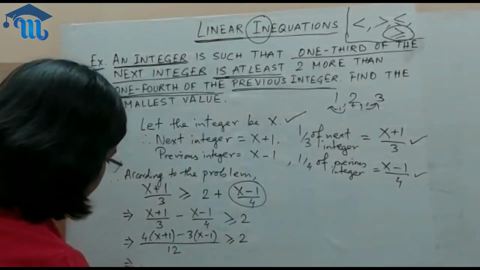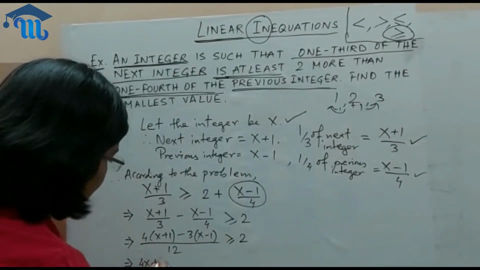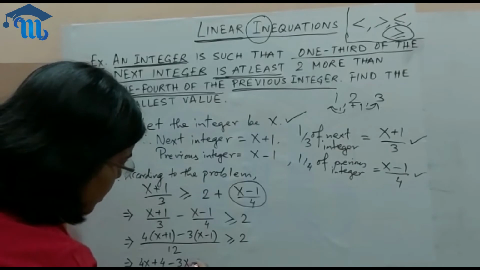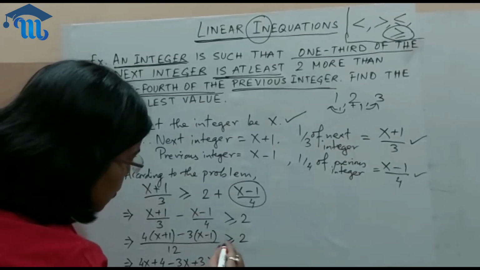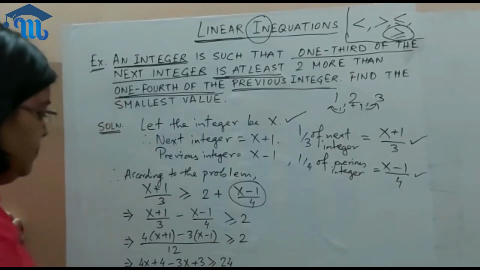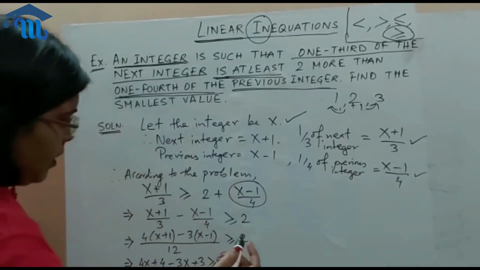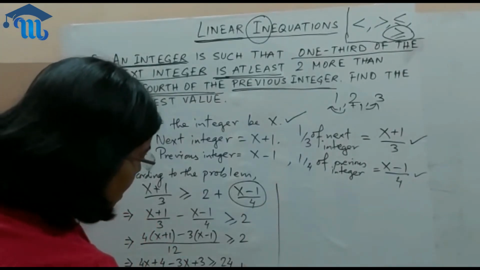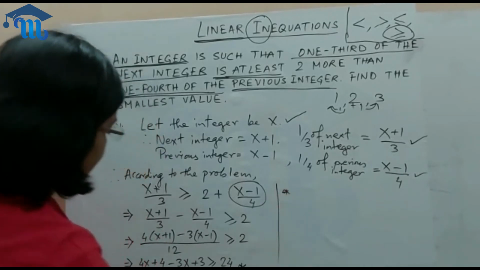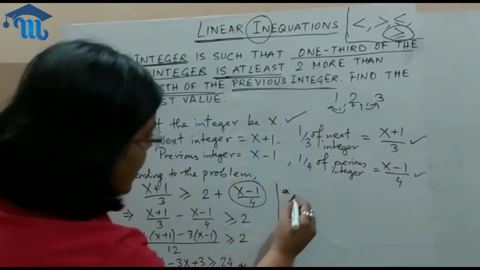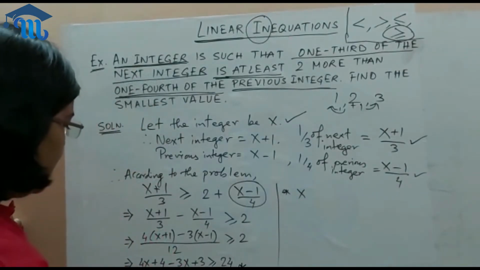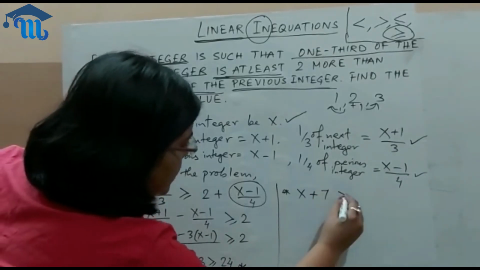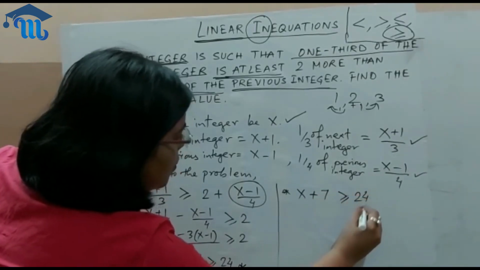So we can directly write 4x plus 4 minus 3x, I'm sure you understand, minus minus is plus, so it is plus 3, greater than equal to 2 into 12, which is 24. Alright. So 4x minus 3x is nothing but x. Plus 4 plus 3 is nothing but plus 7 greater than equal to 24.